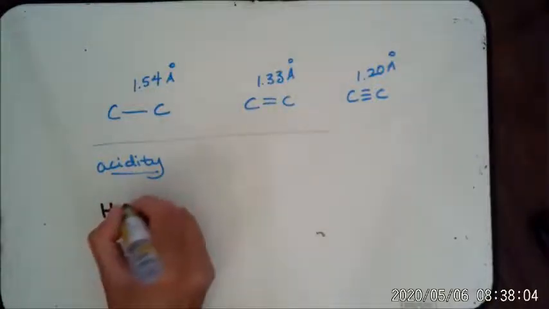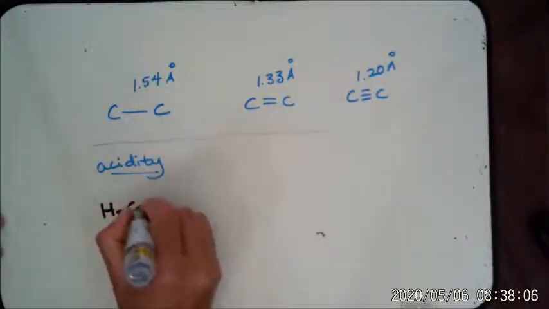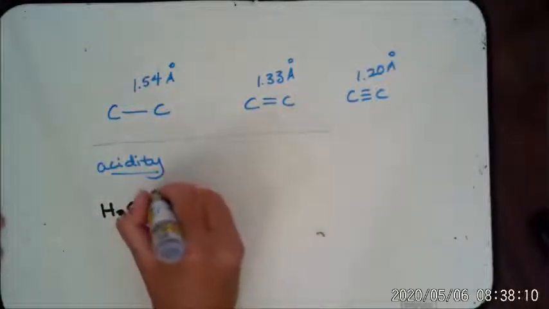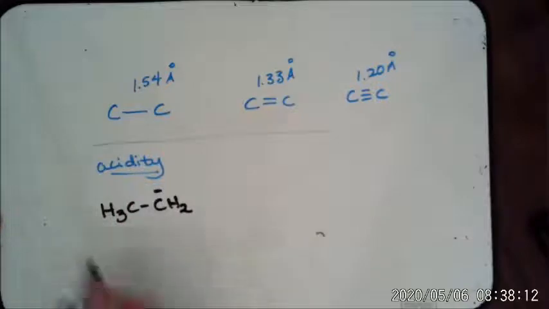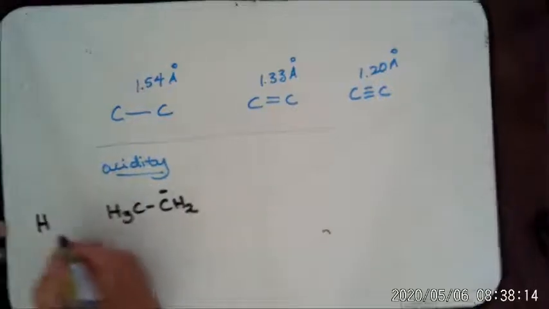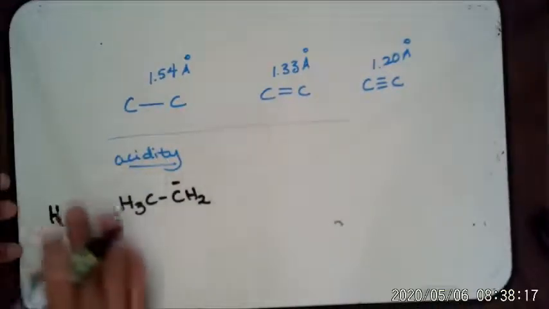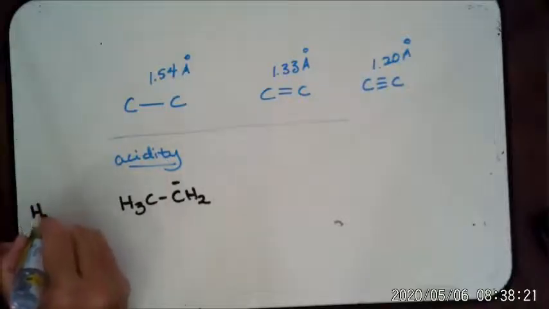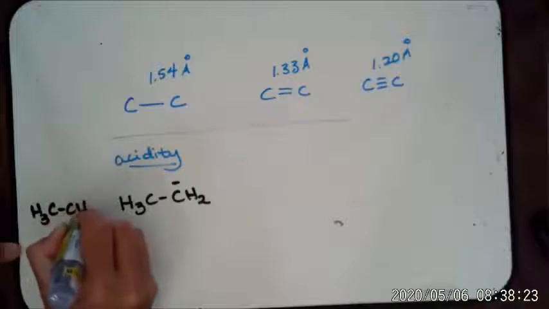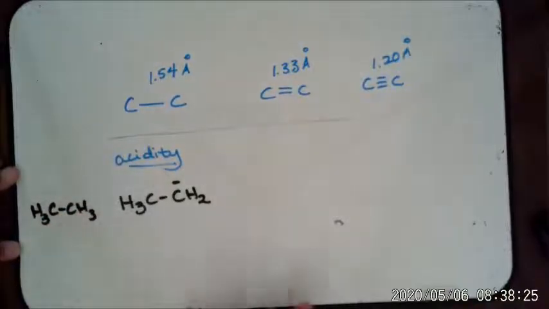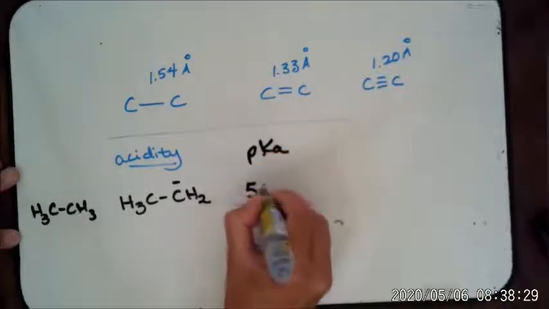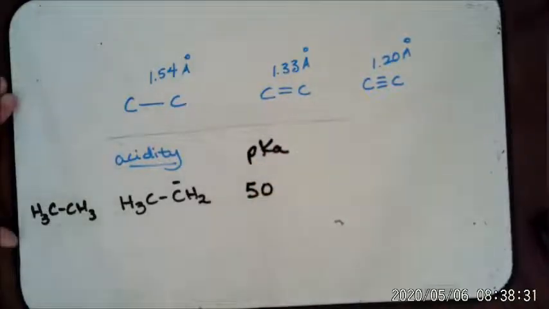If we look at the conjugate base of ethane, the pKa is about 50. No big surprise.